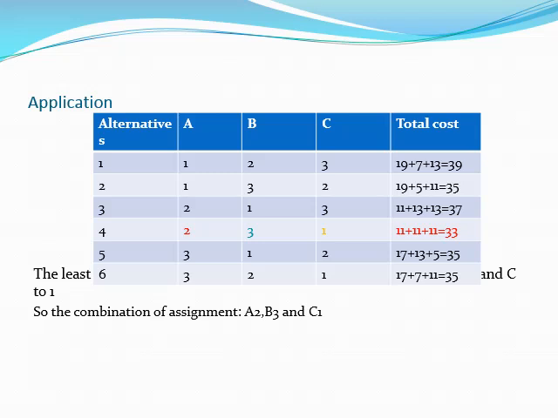So the combination of assignment is A2, B3 and C1. If we follow this assignment, then we will get the least cost of assignment, which is equal to 33.